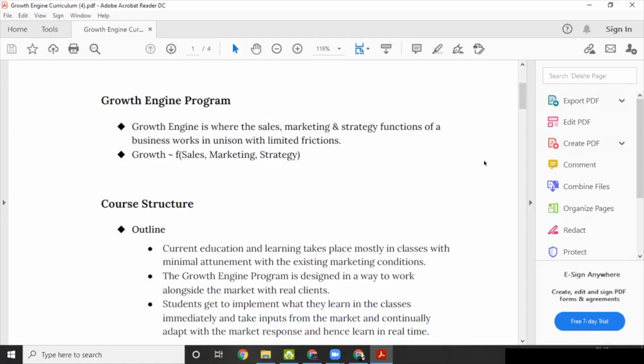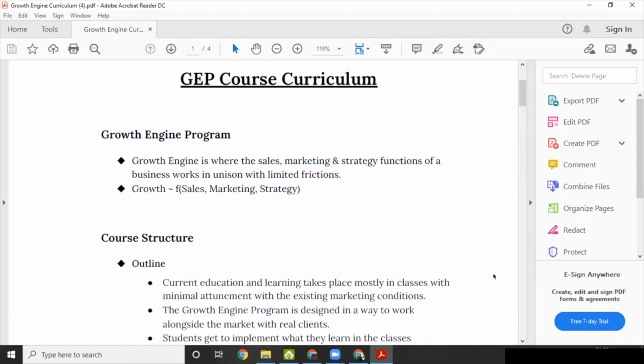Basically, there is a problem that is happening. So if we use the SPIN strategy on the growth engine course, it's basically to address certain things. Now, as I mentioned earlier, SPIN is situation, problem, implication, and need-payoff.